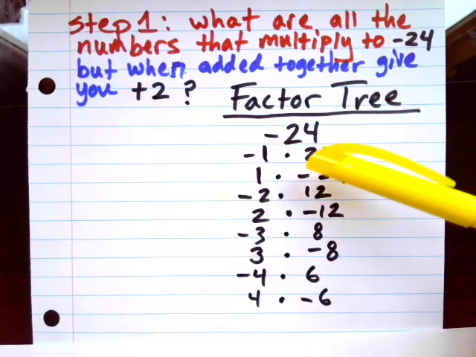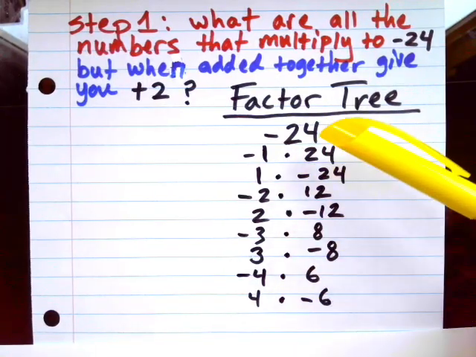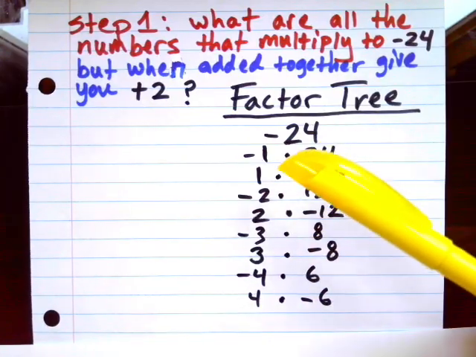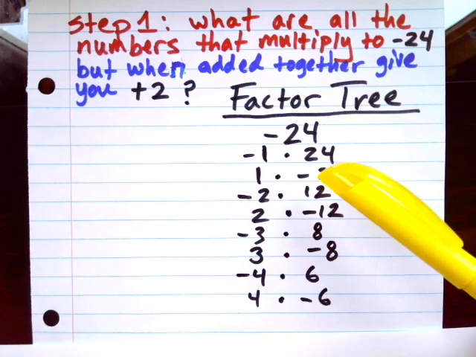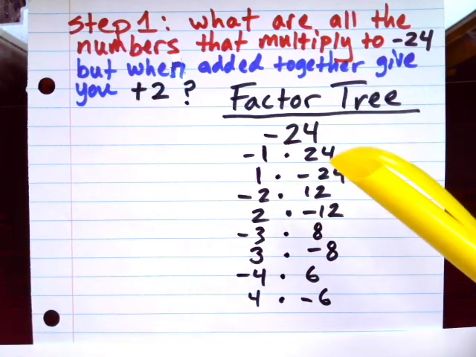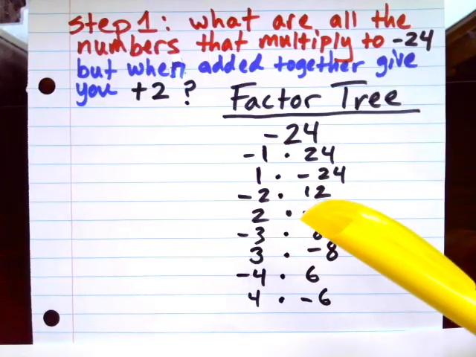These are all the numbers that multiply to a negative 24. These are all multiplication symbols. Negative 1 times 24 gives me negative 24. Positive 1 times negative 24 gives negative 24.